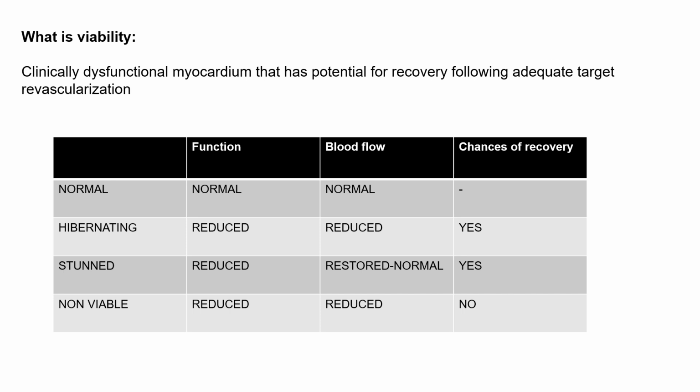The hibernating myocardium is a myocardium that has reduced blood flow and reduced function, whereas the stunned myocardium is a myocardium which had reduced blood flow at some point, but then the blood flow was restored. However, the function is still reduced. And if we revascularize these patients, the chances of recovery are great. That is the target patient group that we are trying to find using a myocardial viability study.